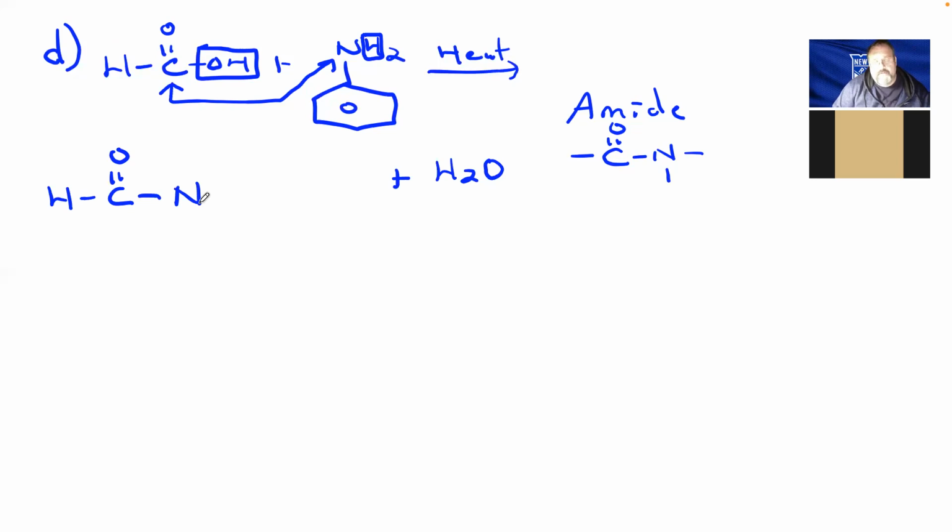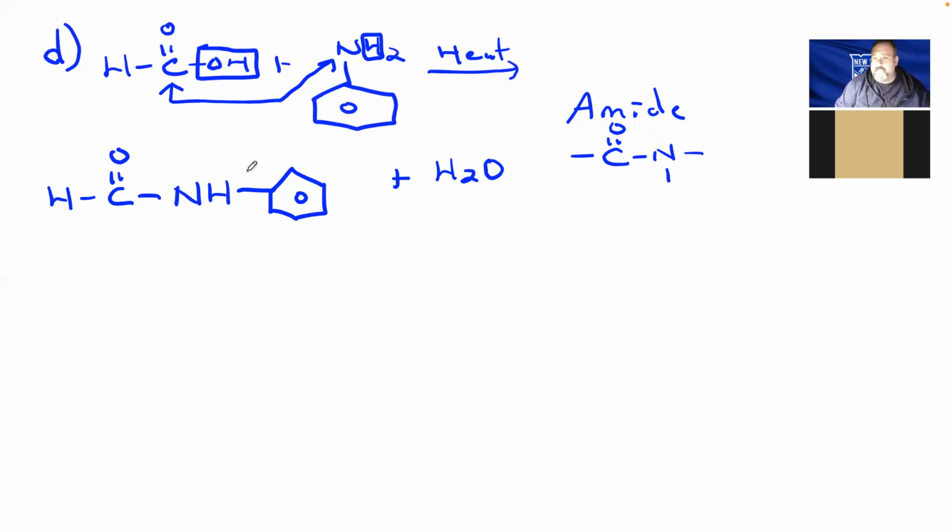Now, in this case, when I take one of those hydrogens off, there's still one hydrogen on that nitrogen. And that nitrogen is still connected to a benzene ring. And what type of functionality do you have? Because the C double bond O carbon is connected to nitrogen, you have an amide group.